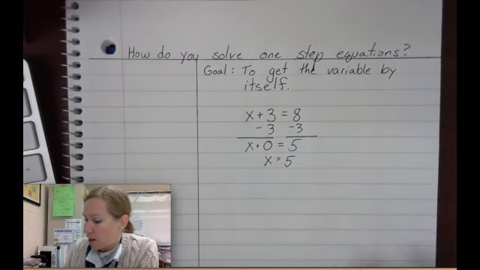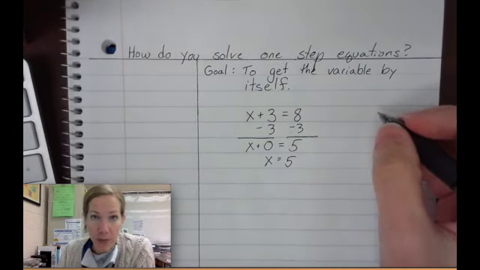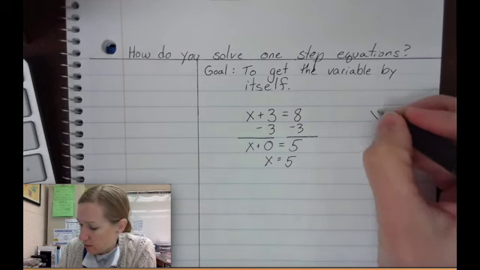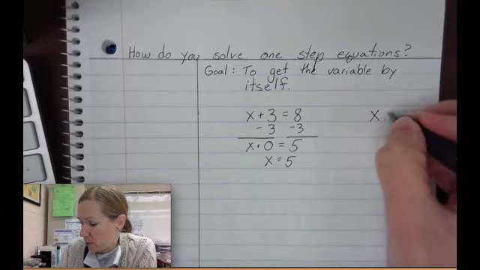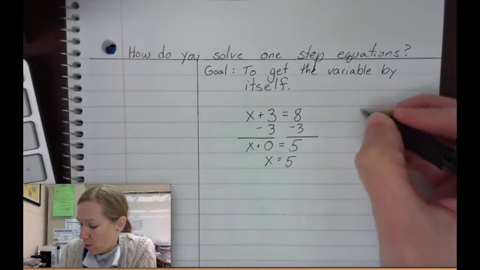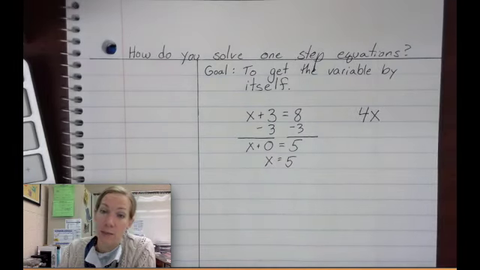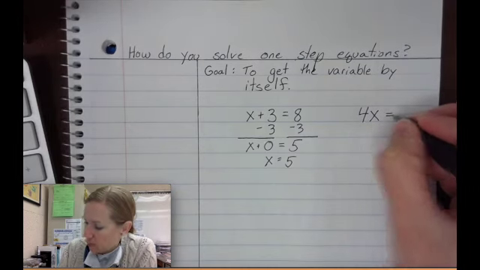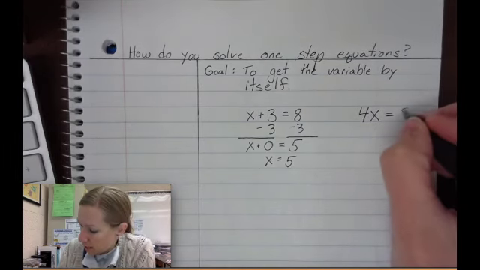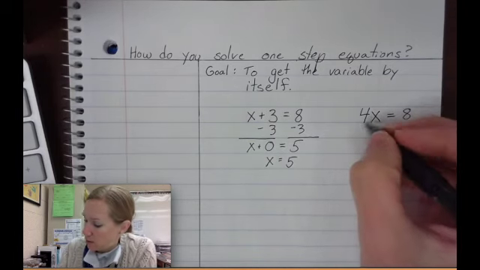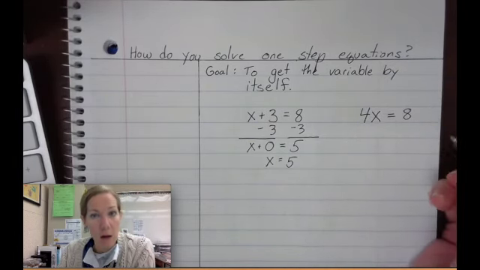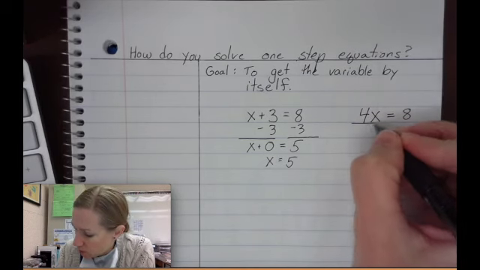Likewise, if you are multiplying the x by something, so x times 4, you could put times 4, you could put the dot 4, or it could look like this. Most likely it's going to be like that. So if 4x equals 8, right here we're multiplying. So the opposite operation of multiplication is division.